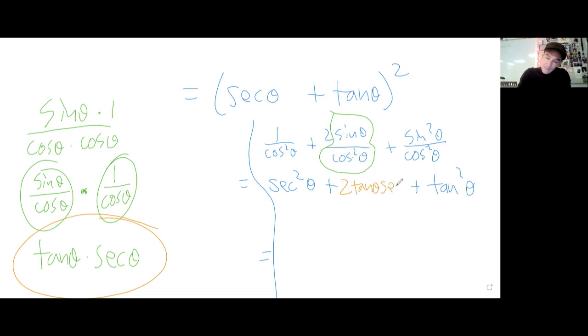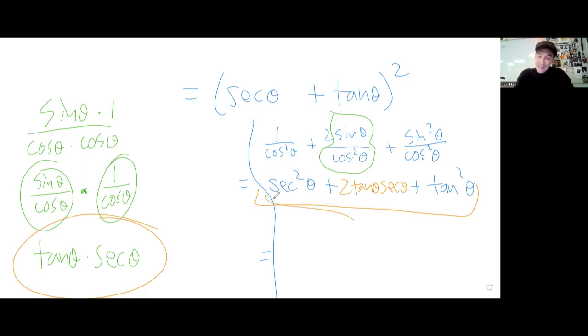Before we started this last exercise, I prefaced it with a little demonstration, and look, it happens here now. I have secant squared, tangent squared, and in the middle, 2 of tangent times secant. So that perfectly matches what we had before.